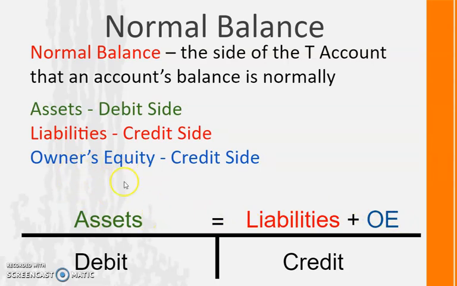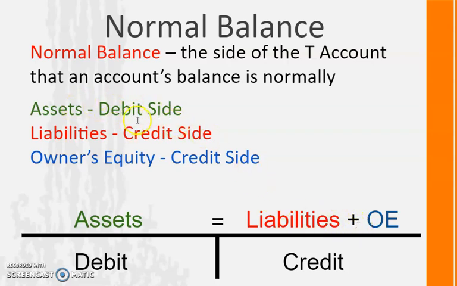Assets are on the left side of the accounting equation, which we learned earlier, debit means left. So assets are on the debit side of the accounting equation. Liabilities and owner's equity are on the right side of the accounting equation, which we also learned earlier, right is credit. Credit means right. So liabilities and owner's equity are on the credit side of the accounting equation.